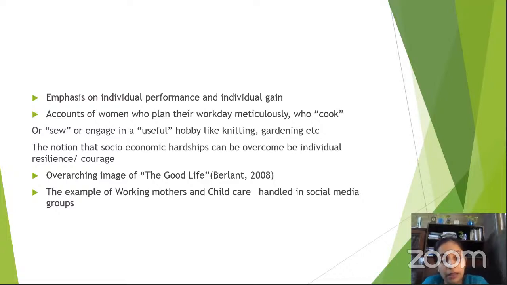So these narratives actually relate to the overarching image of the good life as expounded by Berlant. There are many instances where you can see this, but for the purpose of this presentation, I would take the example of working mothers and childcare as handled in social media groups.